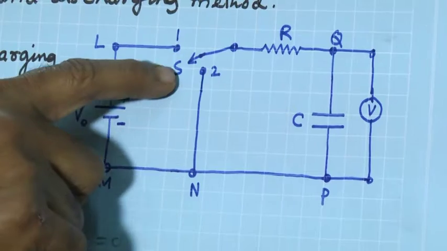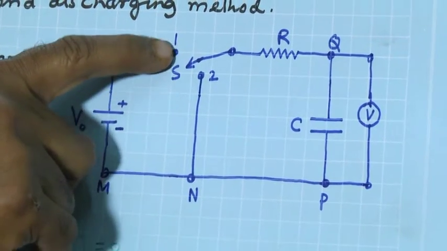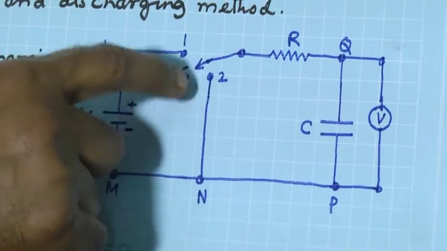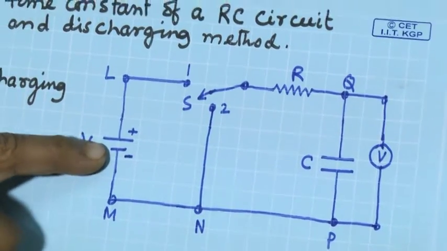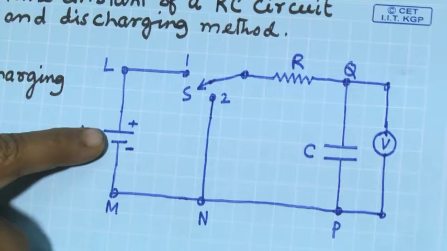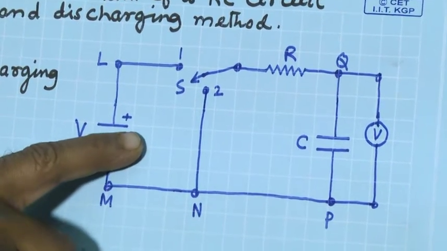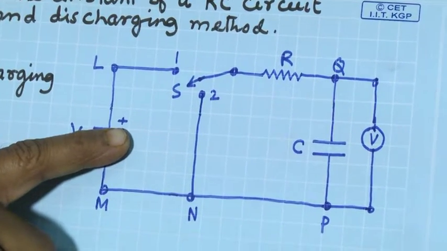One option is a switch. If it is connected to 1, then the circuit goes to the power supply, say the positive terminal of the power supply.